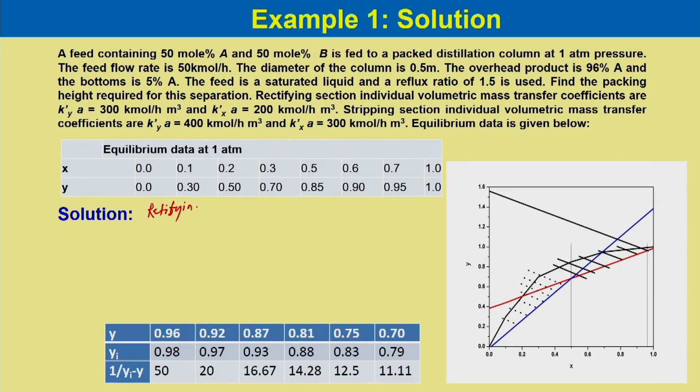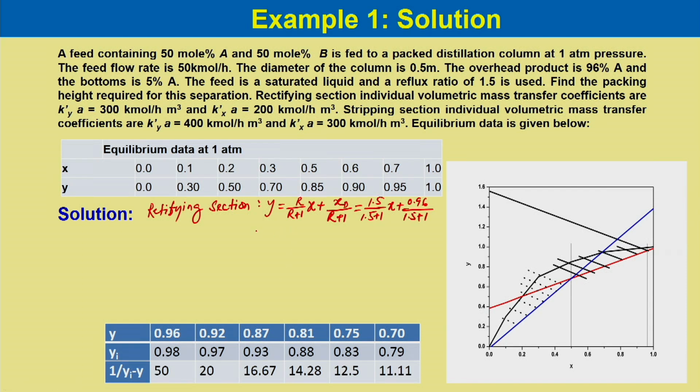Rectifying section: if we know the operating line equation, which is y = R/(R+1) x + xD/(R+1), and we substitute the values, it is 1.5/(1.5+1) into x plus 0.96 divided by (1.5+1).